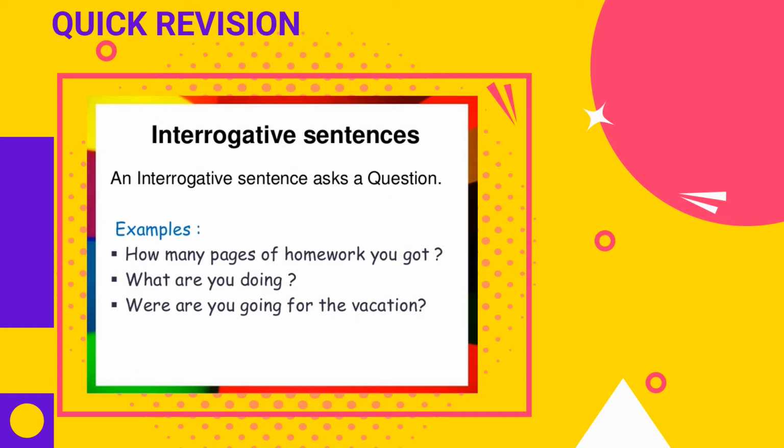So number 1 is, how many pages of homework you got? So someone wants to know, be it a teacher, a parent, or a classmate, how many pages of homework you got.